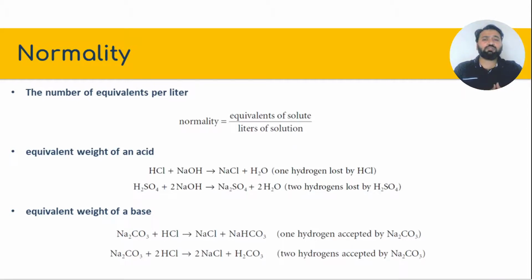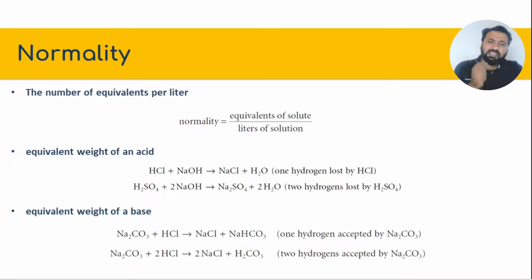While in H2SO4, the molecular weight is divided by 2 because there are 2 hydrogens lost. That is known as the equivalent weight. So the equivalent weight of HCl is the same as its formula weight, and the equivalent weight of H2SO4 is half the formula weight. So the equivalent weight is analogous to the formula weight in our molarity.